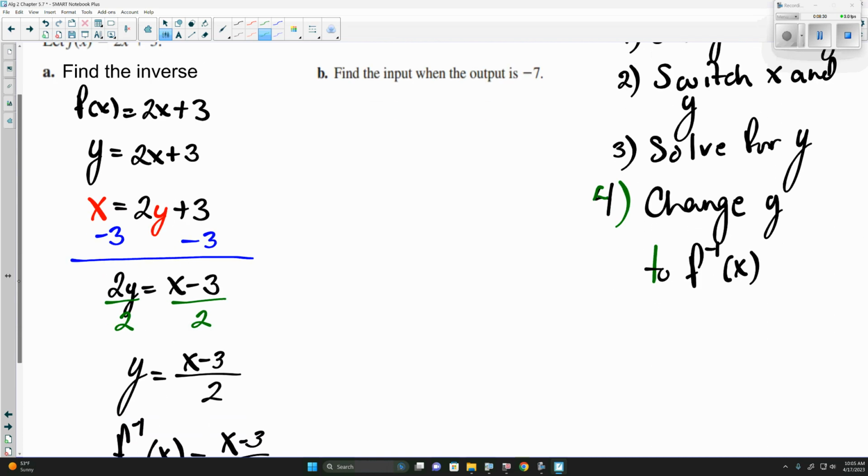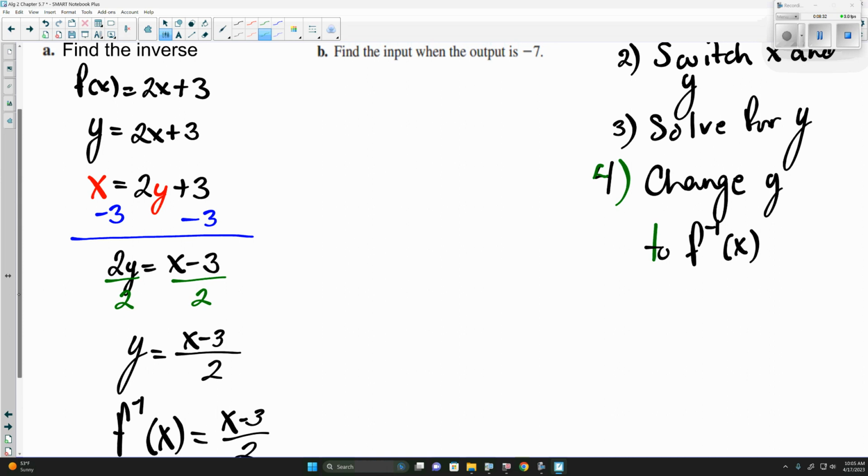Now we'll do this here. So it asks find the input value when the output is -7. Well, if we plug it into the inverse, because the inverse is taking the range back to the domain, the output value back to its input, we'll find out what it is.